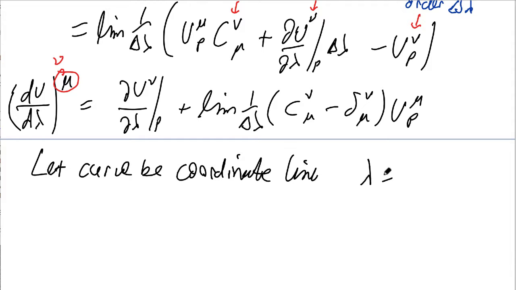So for example, we can set lambda equal to, say, x alpha and write dv/dx alpha.